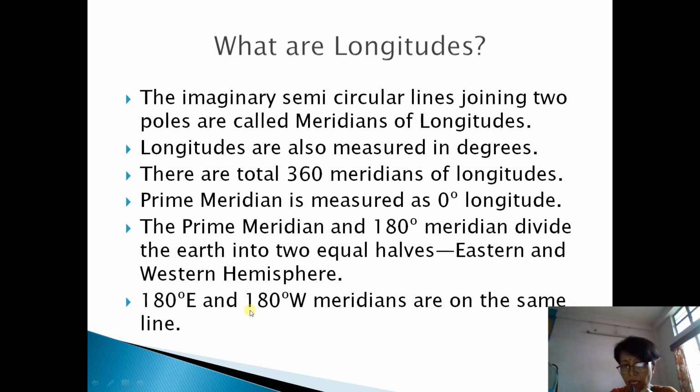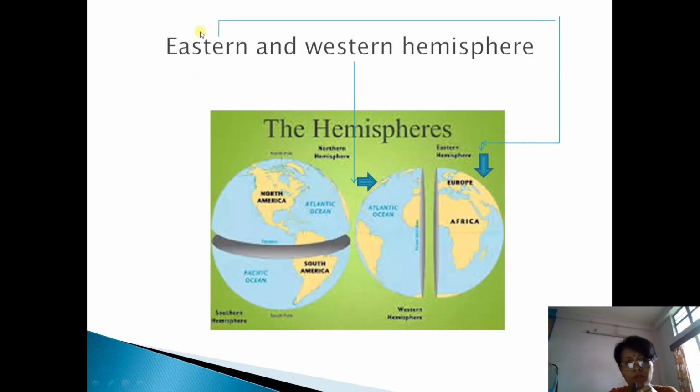We count 180 degree east and 180 degree west differently, but actually these are not two meridians, this is only one meridian. You can see the same line. So the eastern and western hemispheres I'm showing here in the second picture.